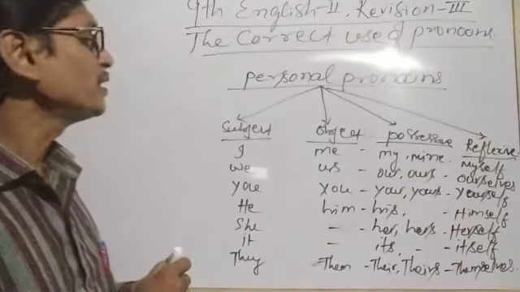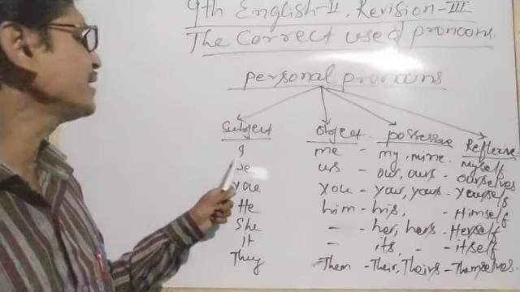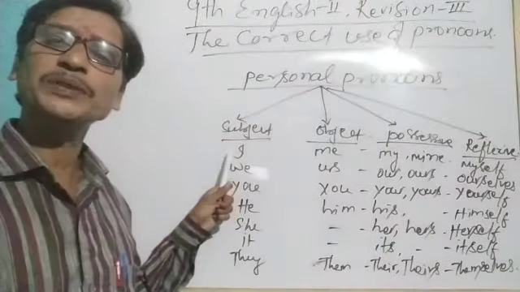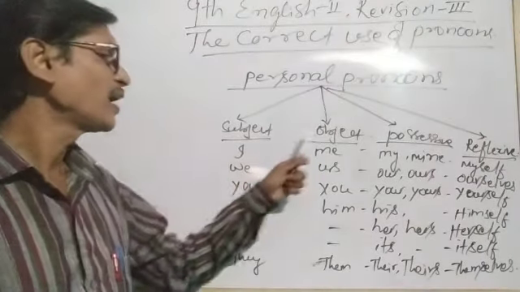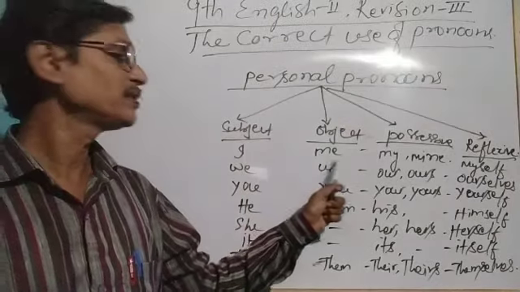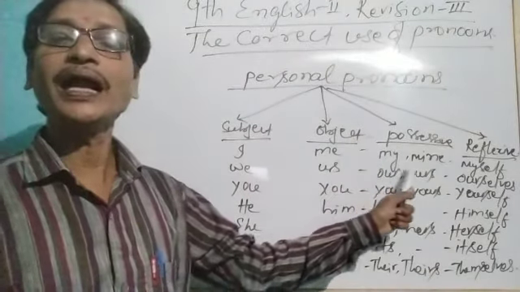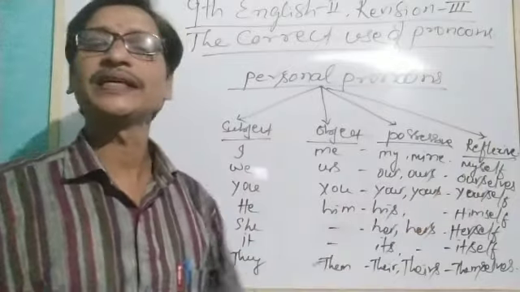Understand? So here, I is the subject form of the personal pronoun, its object is me, possessive is mine, and reflexive is myself.